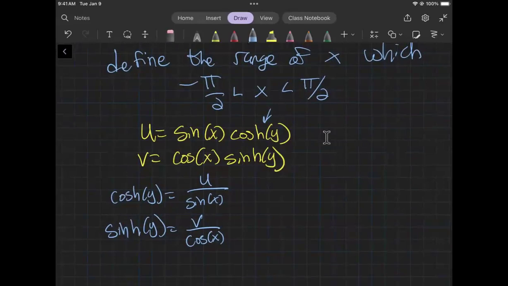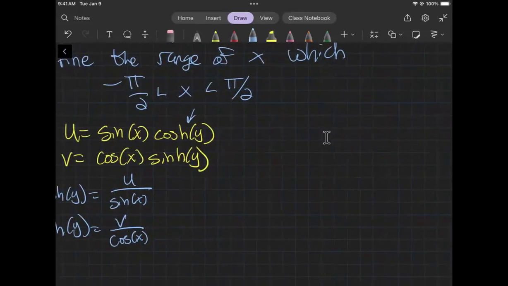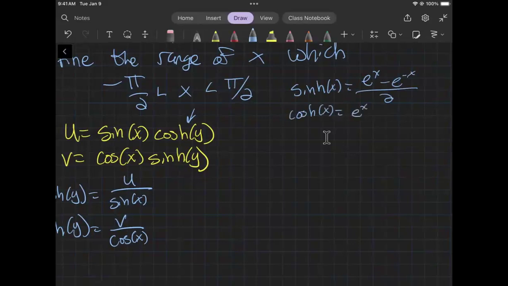Also, if you look at the domain in the real numbers of these functions, hyperbolic sine is e to the x minus e to the minus x over 2, and hyperbolic cosine is equal to e to the x plus e to the minus x over 2. The domain is all the real numbers; e to the x and e to the minus x are never 0.